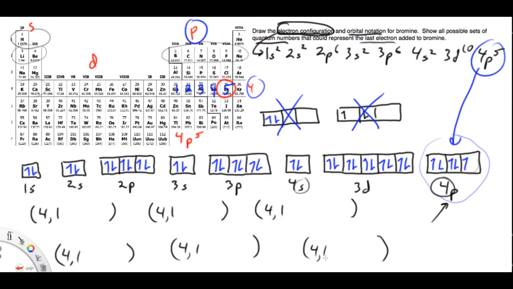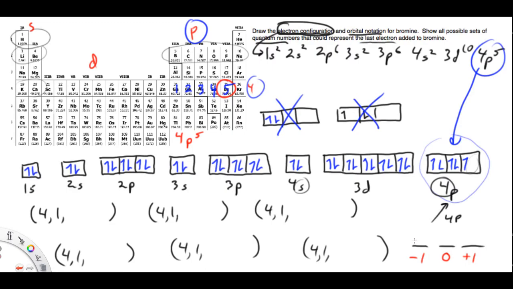Okay, now the quantum numbers that are different can be the last 2. So let's review quantum numbers here. Here's my p orbital. So let's call this 4p. Now, in quantum numbers, we number these with a 0, a +1, or a -1. These are all equal because they're on the 4p sublevel. So that third quantum number could be any of these.